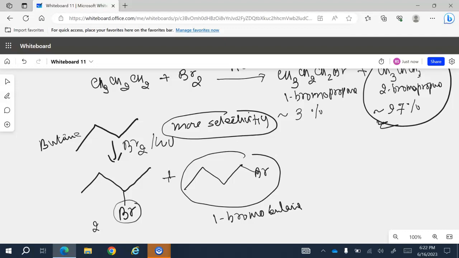So these are the two possible products. Now you need to decide which one will be the major product. Obviously 2-bromobutane will be the major product because it is formed by the replacement of secondary hydrogen.